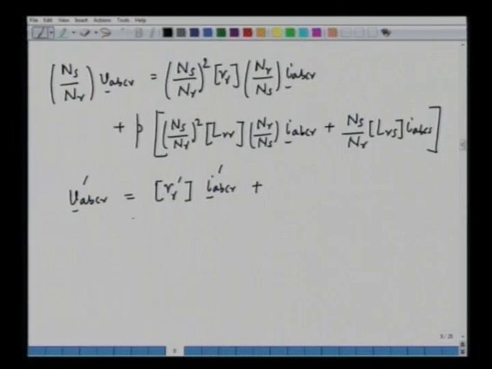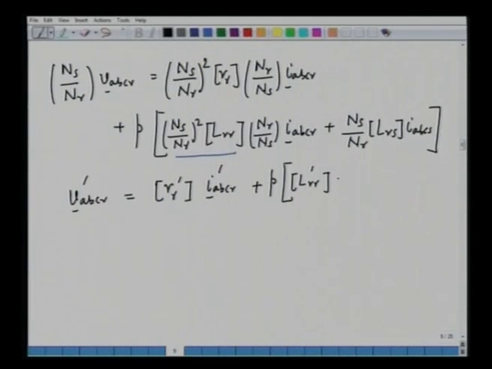plus we have this P term, the derivative term, and within that we have LRR into Ns by Nr whole square. Now that is actually LRR prime, the rotor self inductance referred from the stator side. So we can write that as LRR prime, alright, and then we have Nr by Ns into IABCR.